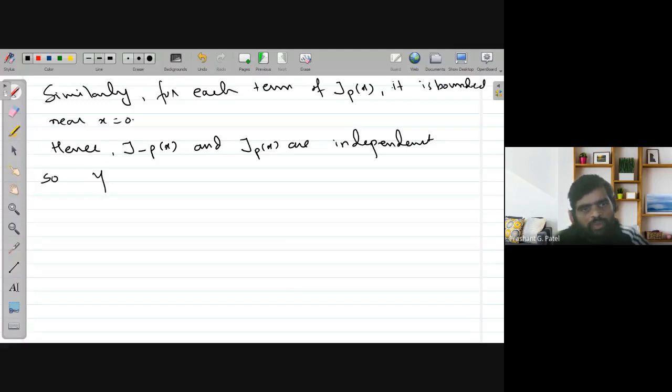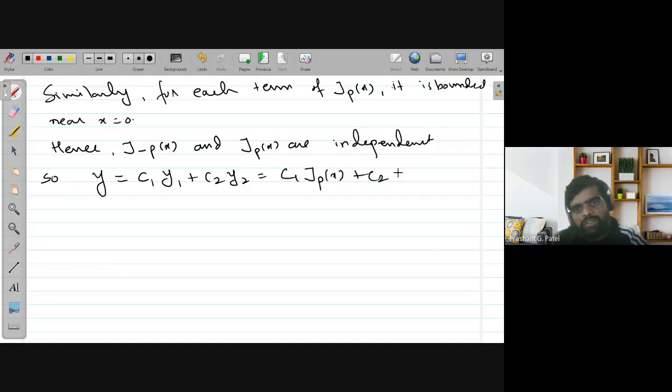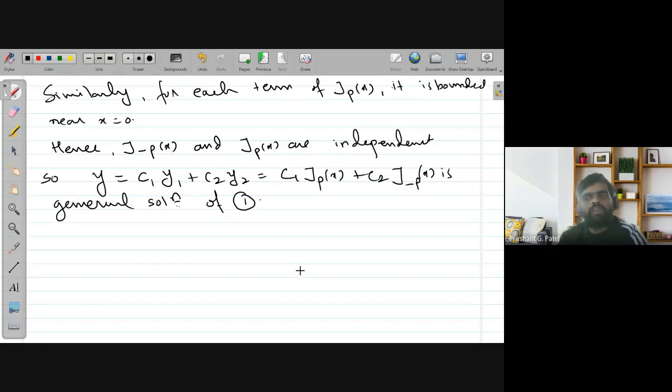So we can say that the general solution is c1 y1 plus c2 y2, which is c1 J_p(x) plus c2 J_(-p)(x), the general solution of equation 1 in the case of p not an integer. In that case, we have this as a general solution.